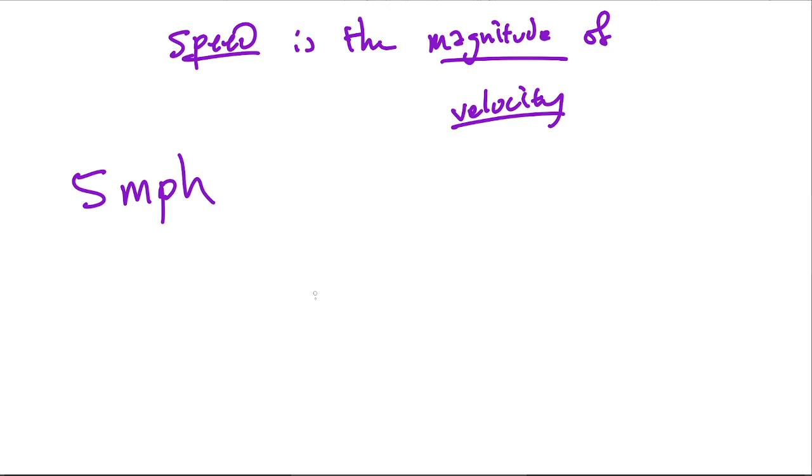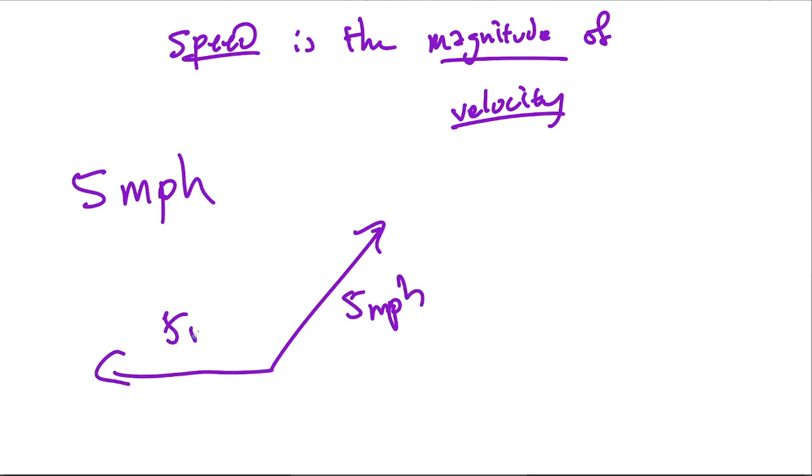Now, with velocity, I could say it's 5 miles per hour in this direction. I can say it's 5 miles per hour in this direction. I could say it's 5 miles per hour directed straight towards me or something like that, right? I could say it's directly away from me or something like that, right?